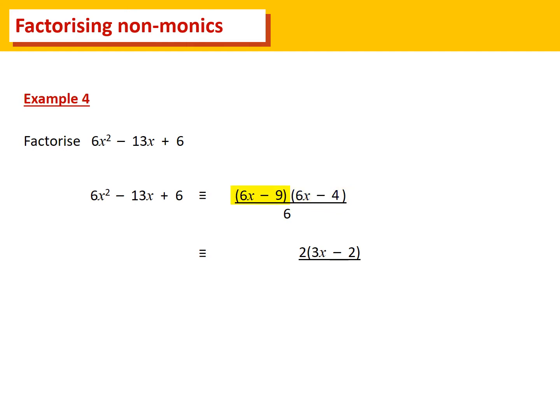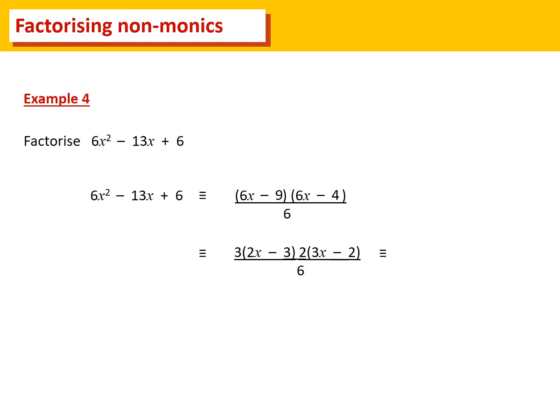However, if we also look at the first bracket, we can factorise that because we can see that 3 will divide into 6x and 9. So we can rewrite that first bracket as 3 brackets 2x minus 3. And don't forget the 6 in the denominator.